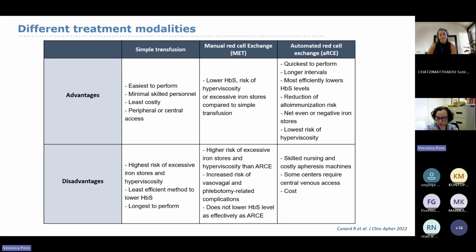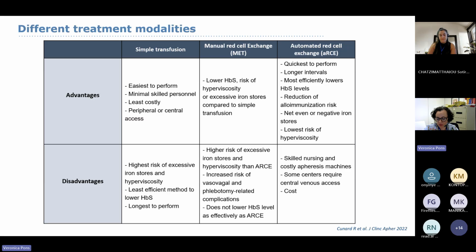Here in the table, you can see the advantages and disadvantages of simple transfusion, manual exchange, or automated red blood cell exchange. As you all know, a simple transfusion is easy to perform, does not require experienced personnel, and is not expensive.